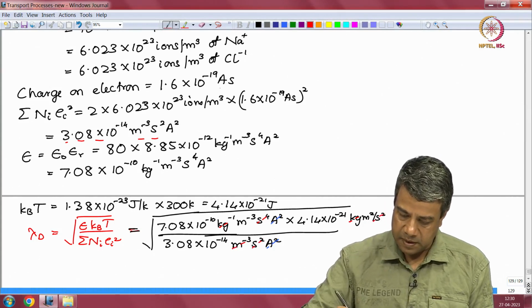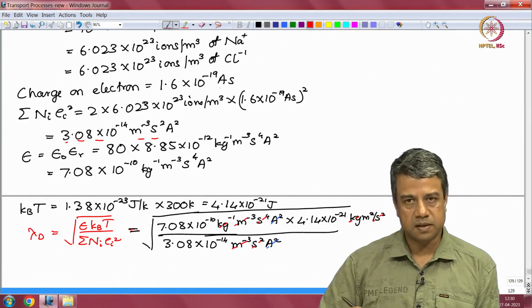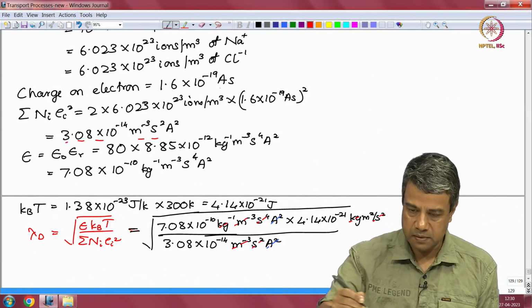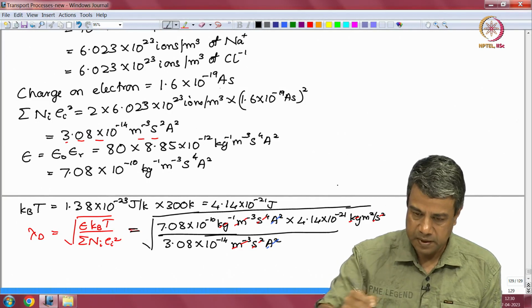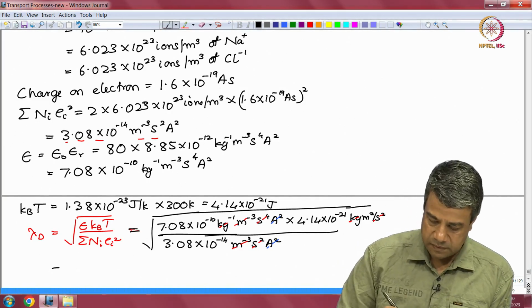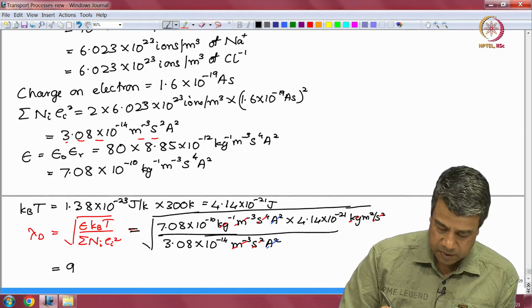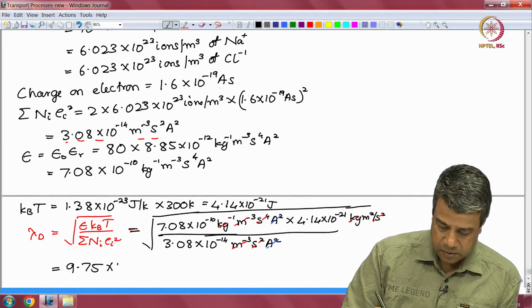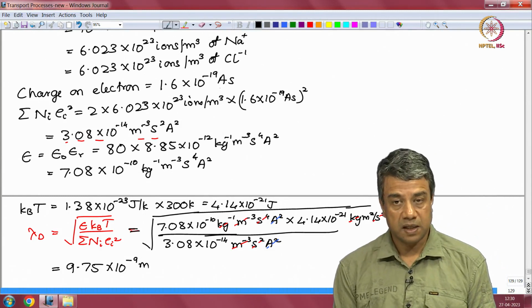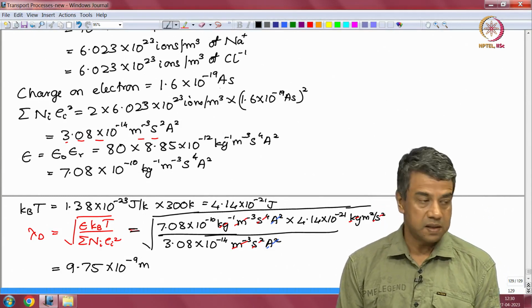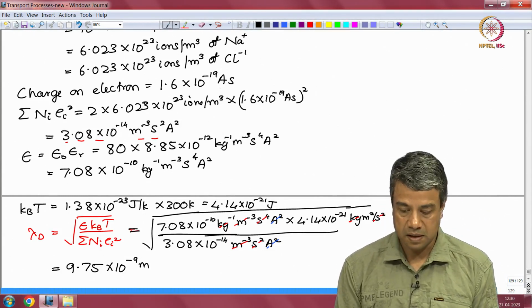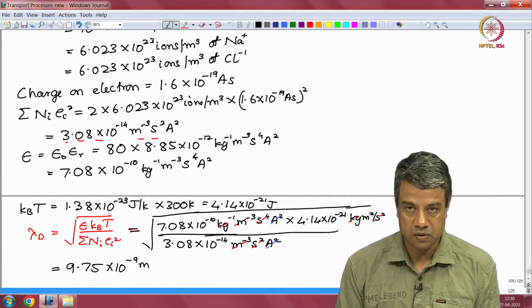This meter per minus 3 will cancel out and I have a meter square. So square root of that meter square will just be meters. And if you simplify this, you will get 9.75 into 10 power minus 9 meters, which is about 10 nanometers. So that is the Debye layer thickness, 10 nanometers for 1 millimolar solution.